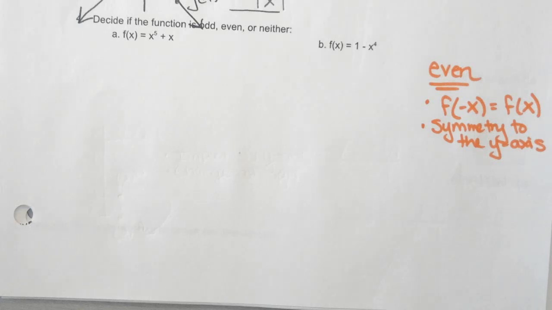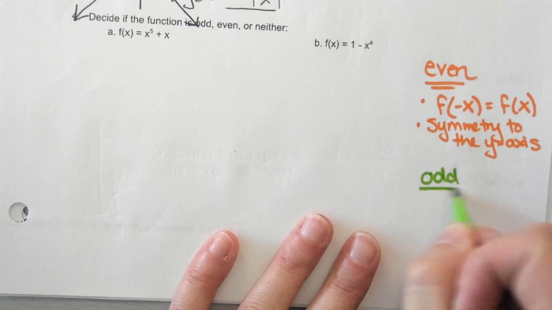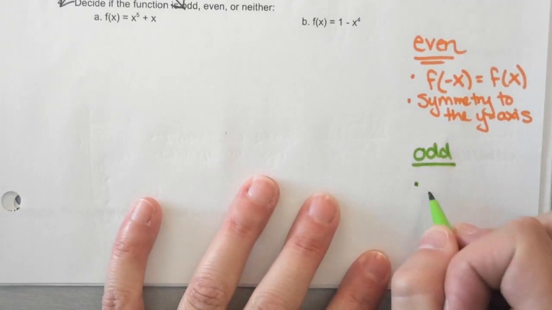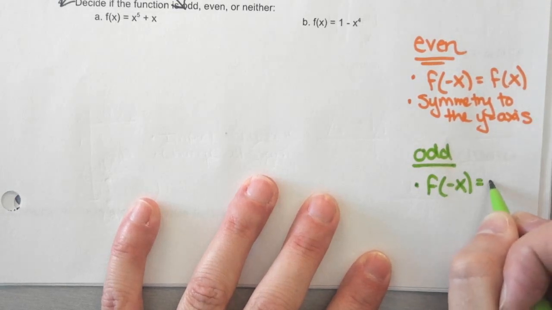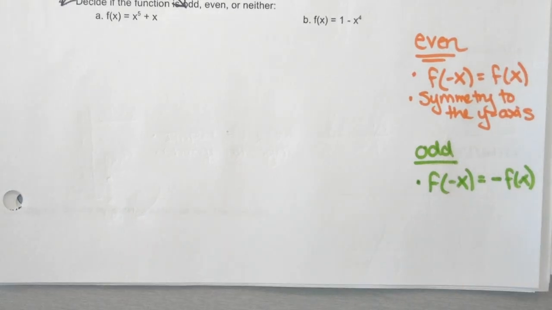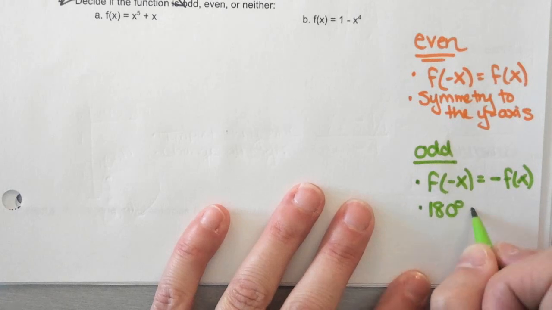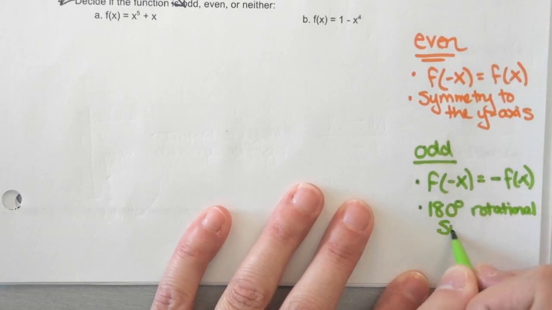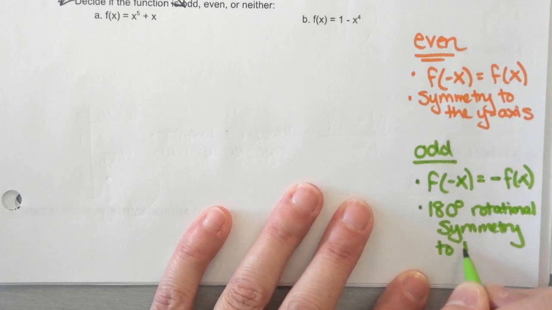Odd is our other option, and that is if f of negative x equals negative f of x. In terms of how it looks, it's 180-degree rotational symmetry to the origin.